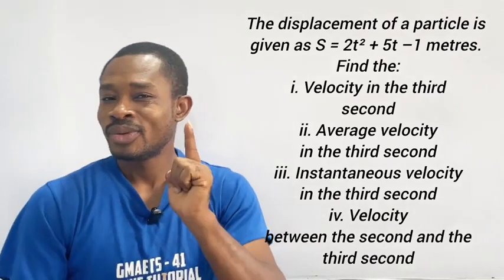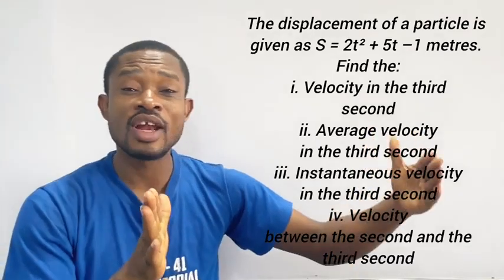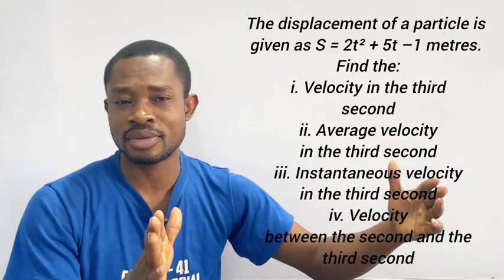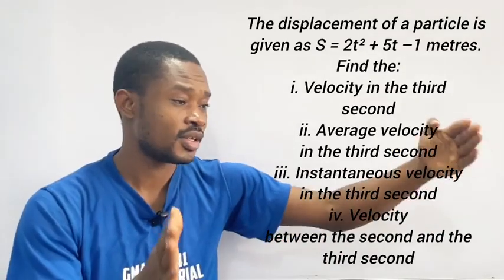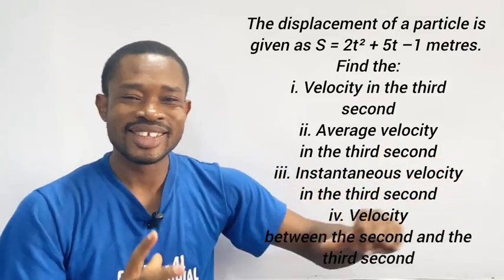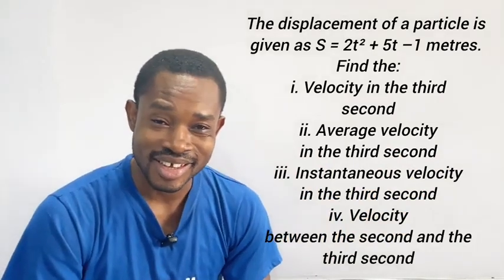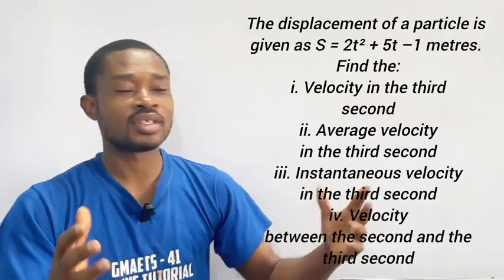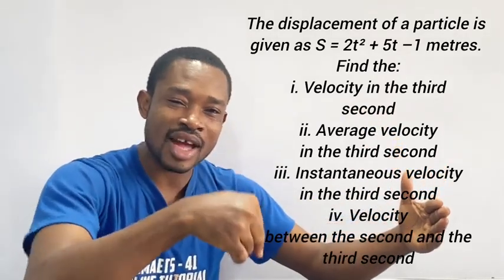But remember, when you hear of average velocity, what comes to your mind? It's simply the velocity between two times. If a particle is here and it moves from here to this point, the velocity between them is what we call the average velocity. What about instantaneous velocity? If you hear about instantaneous velocity, that is the velocity at a particular time.